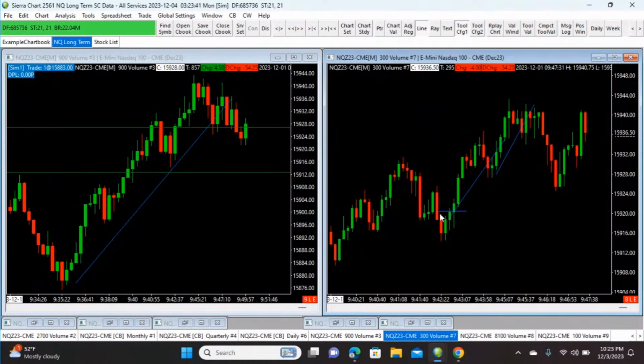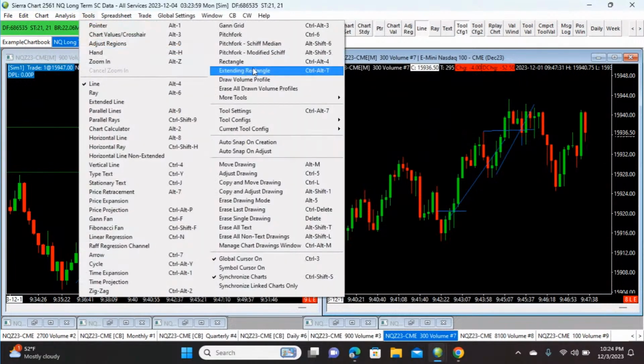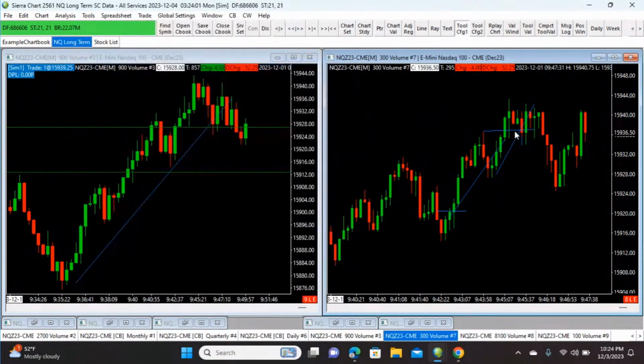Let's say on this way up, you entered 2 or 3 more times, and then you got out of the trade once it got below this area here. I'll highlight it for you. You got out of the trade right there, right?